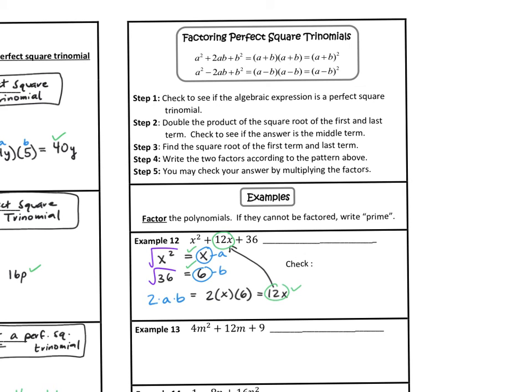Okay. Now, let's see if I can zoom out here. Which pattern does this follow? Example 12. I have a plus and a plus. Should I follow the first pattern or the second pattern? Do I have plus plus or minus plus? Since I have plus plus, I'm going to follow the first pattern.